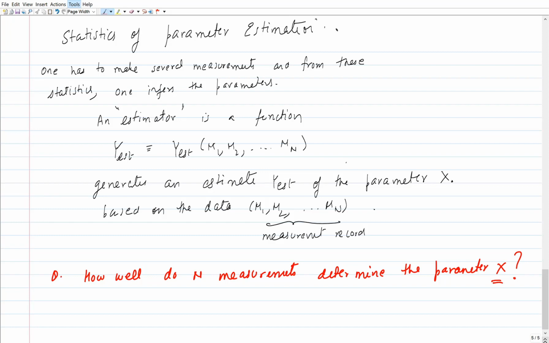So one way to benchmark how well our measurement process is doing, the obvious candidate, is just the variance of this guy.